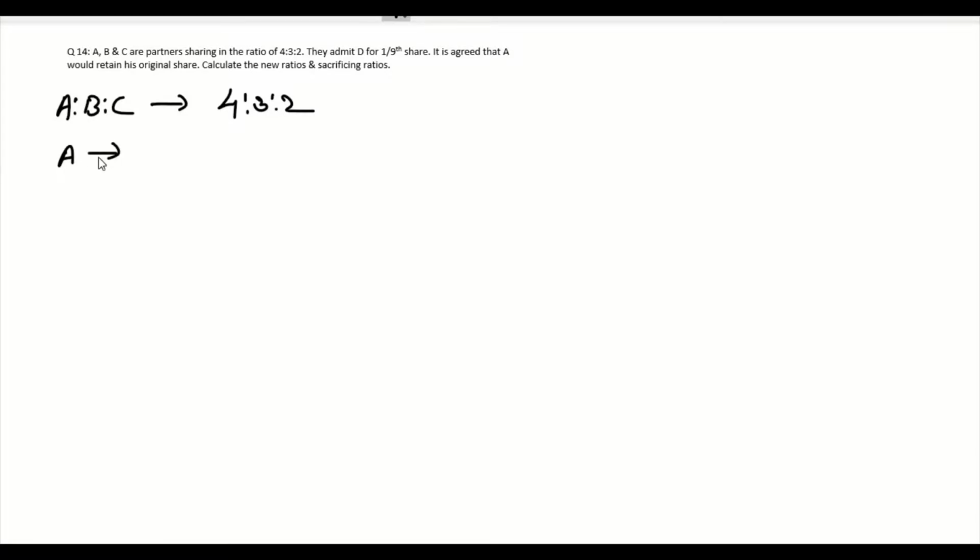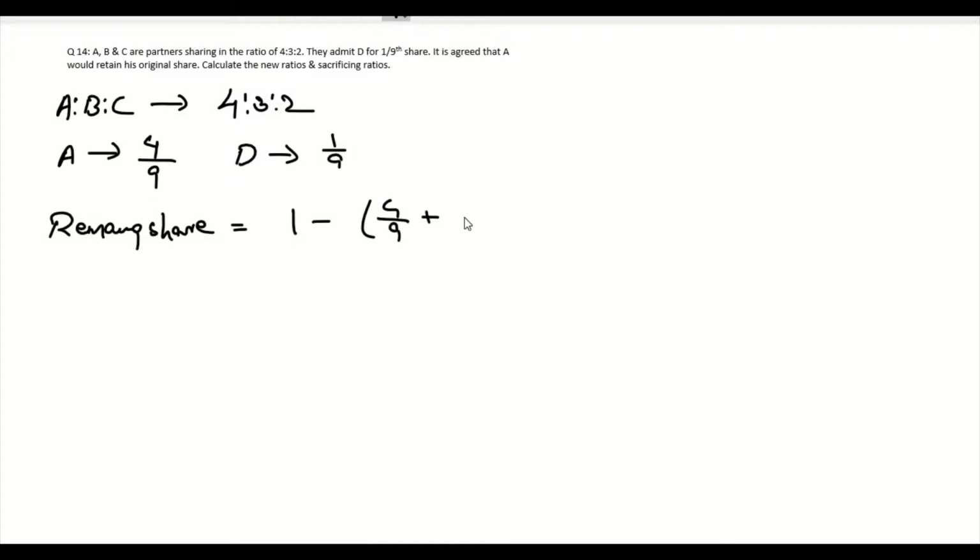A is going to retain his original share, which is 4 by 9. And D is going to get 1 by 9 share of profit. Now we wanted to find what's the remaining share that needs to be shared between B and C. Assuming that the total profit of the firm is 1 minus A's share, which is 4 by 9, plus D's share, which is 1 by 9.